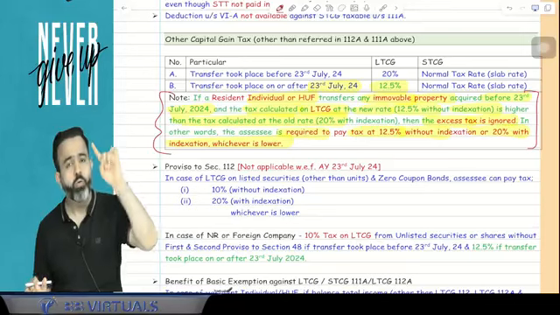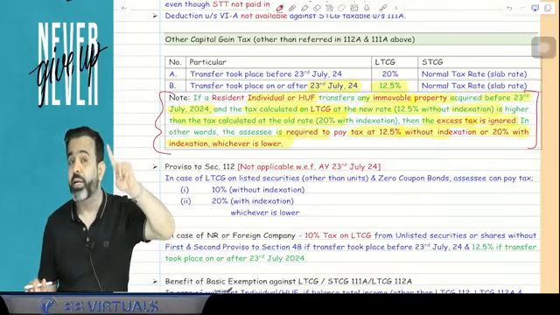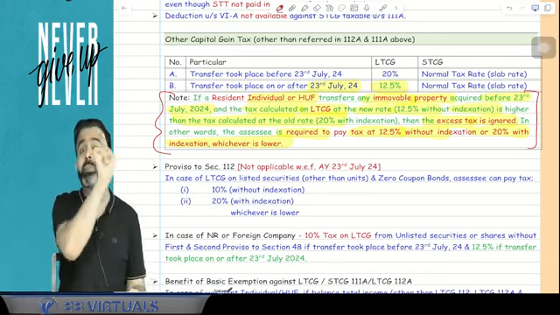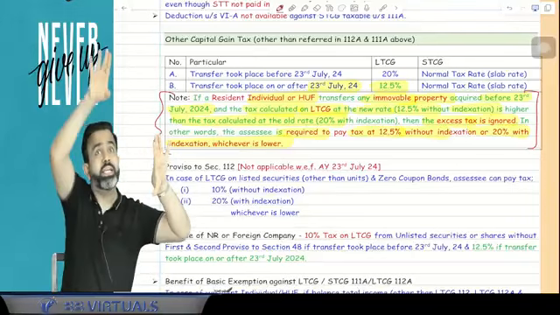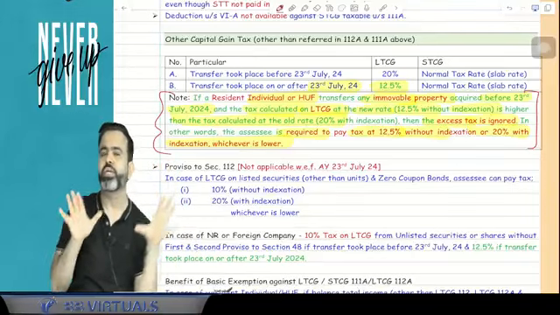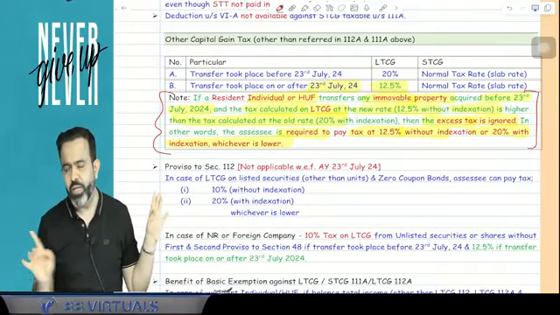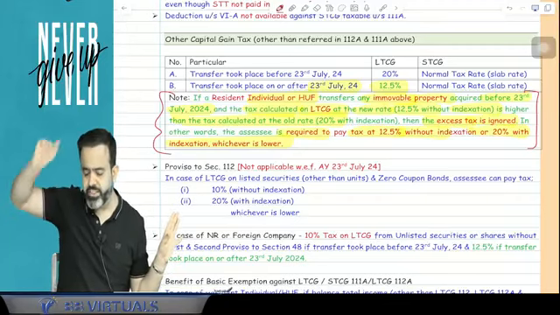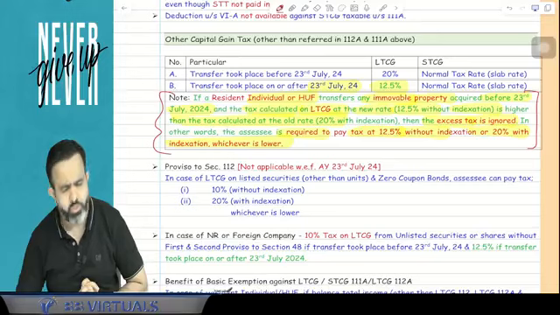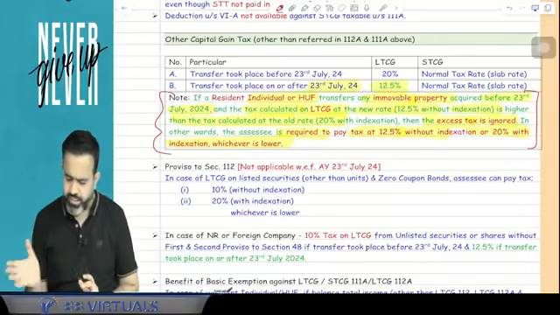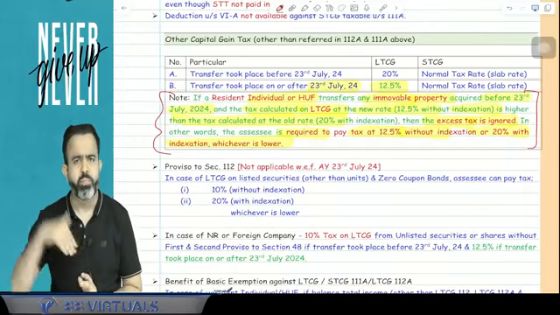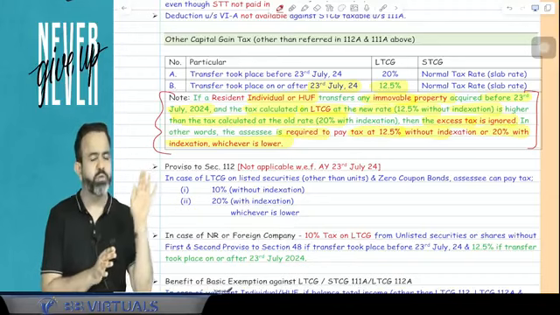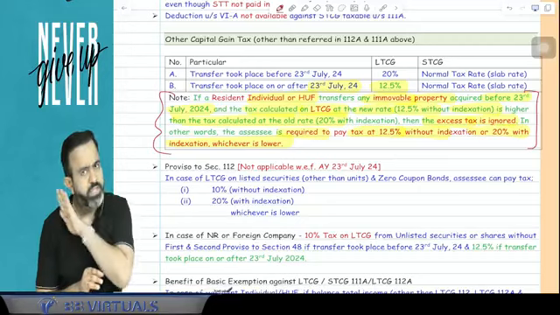Indexation is not applicable while computing the capital gain or total income. But while calculating the tax liability under section 112, this option is given to the resident individual or HUF transferring any immovable property acquired before 23rd of July 2024. Then tax is either 12.5% without indexation or 20% with indexation.